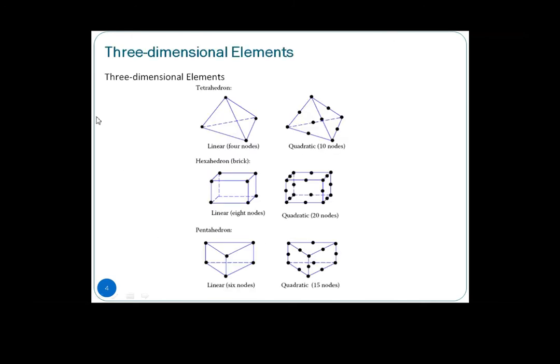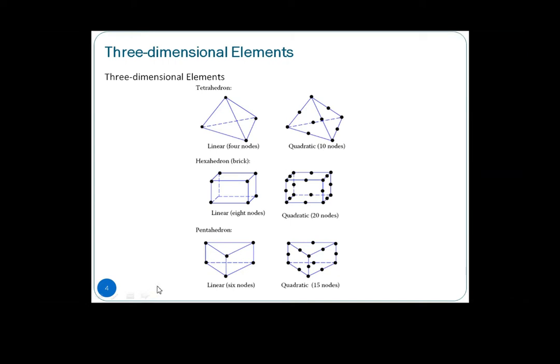Under here, there is another slide that shows you linear and quadratic tetrahedral, hexahedral, or brick. Then we have another one called pentahedral. Linear is 6 nodes and quadratic is 15 nodes. Not that common, but sometimes these two are more dominant.